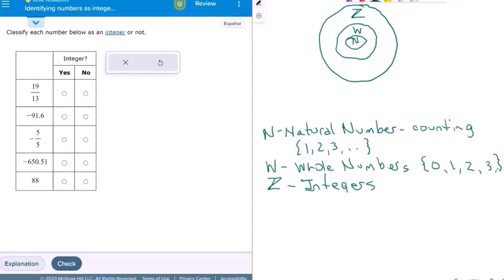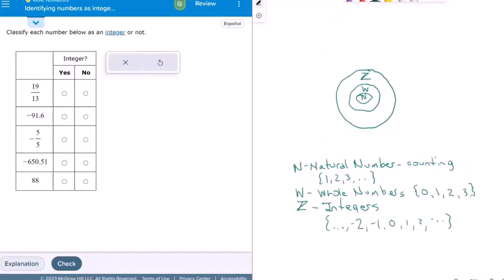So everything that we've talked about is included in integers. We add all the negative numbers. We start at negative infinity, -2, -1, 0, 1, 2, and so on. They cannot have fractions. They cannot have decimals. Everything we've talked about so far are whole numbers.